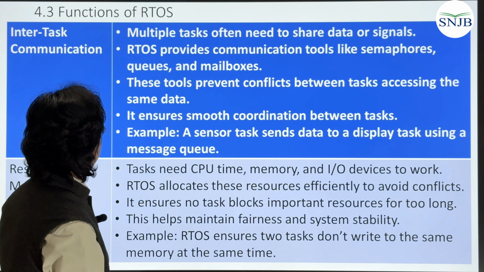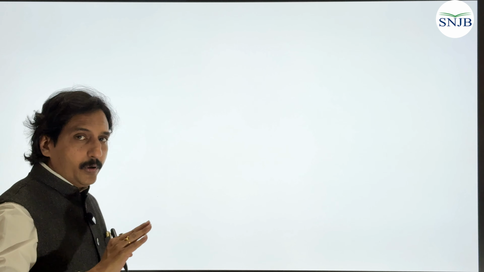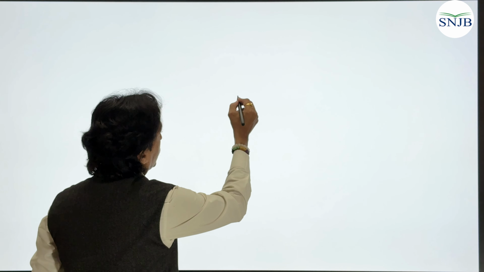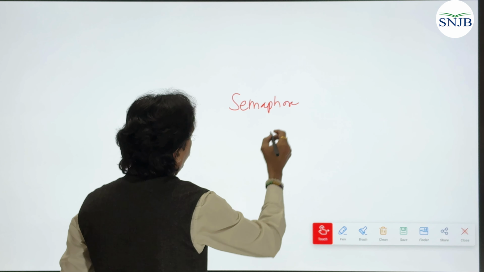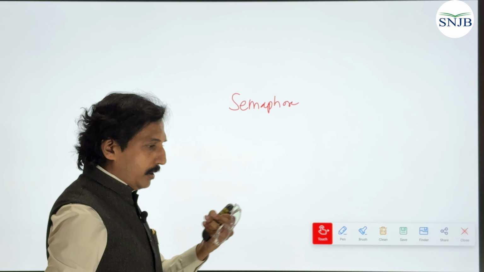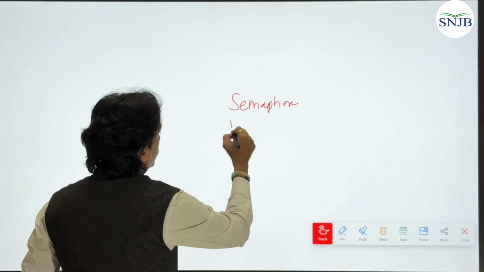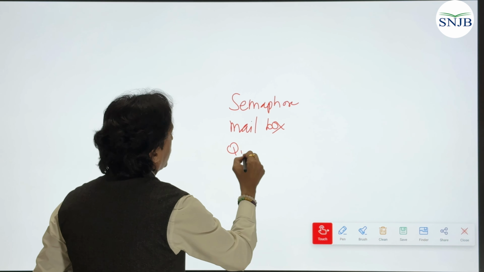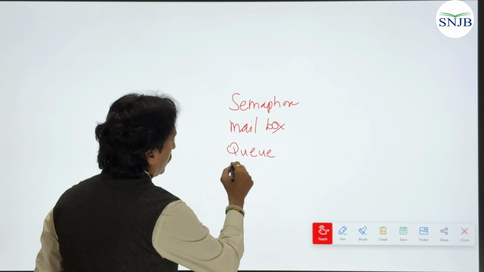Now, as far as inter-task communication is concerned, there are a few objects in the operating system. The very first object is a semaphore. We will see this semaphore in the last section of this particular unit. Then mailbox, or message queue, or mutex.